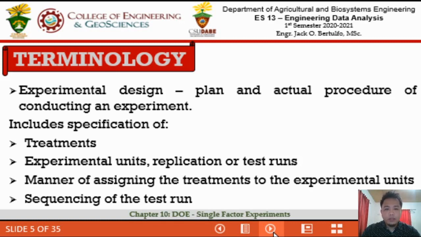We will discuss that later on. Experimental design includes the specification of the treatment, the experimental units, replication or test run, the manner of assigning the treatment to the experimental units, and sequencing of the test run.